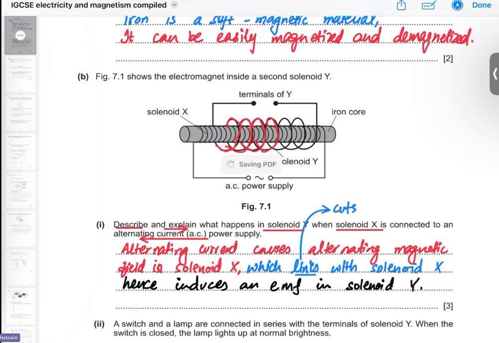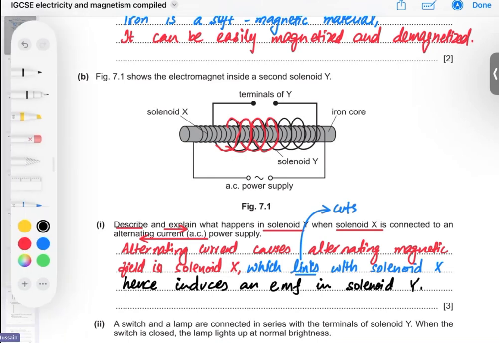Got it? Yes, sir. Over here, by mistake, I think I would have read it out as X as well, but this is not X, this is Y, right? Field in solenoid X links with solenoid Y and hence induces an EMF in Y, right?